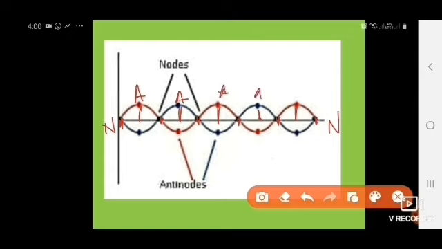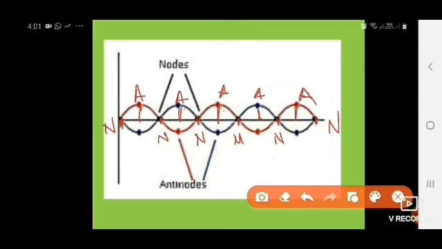So here, how many nodes and how many antinodes are there? There are 1, 2, 3, 4, 5 and 6 nodes, and 1, 2, 3, 4, 5 antinodes.